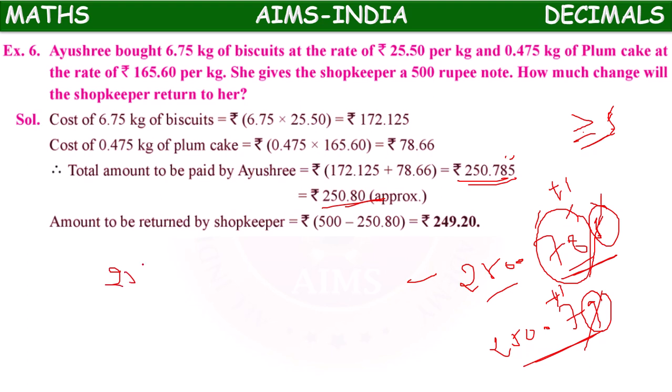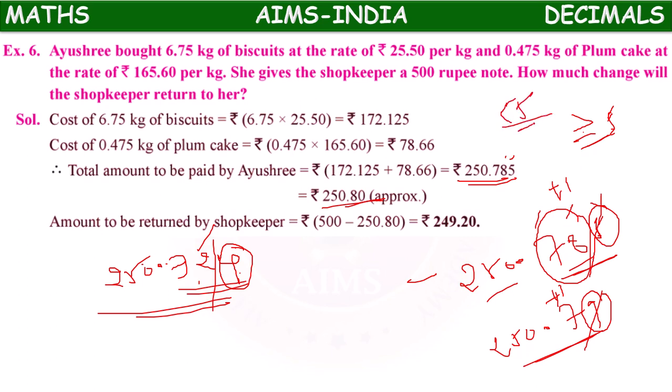Or when we have 250.724 like this. This last digit, because we are having three decimal places here, if you want to reduce to two decimal places, what is the third digit here? 4. Greater than or equal to 5? No, it is less than 5. If it is less than 5, we can simply strike it off. 250.72 we can write.